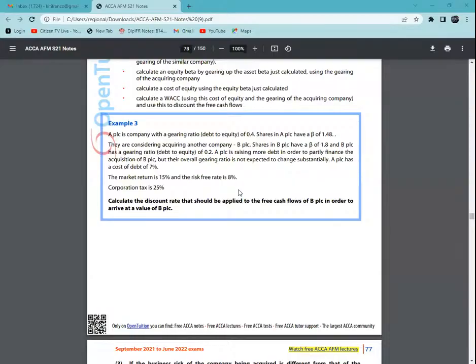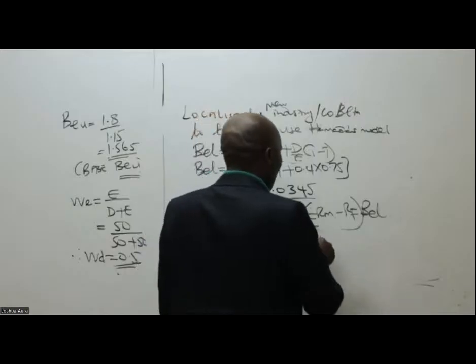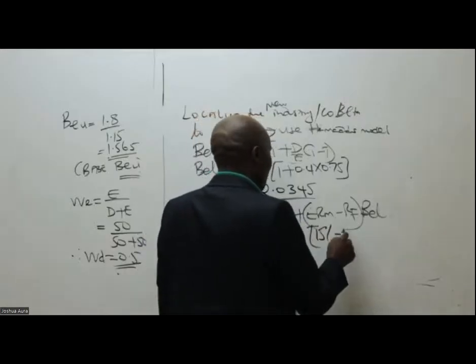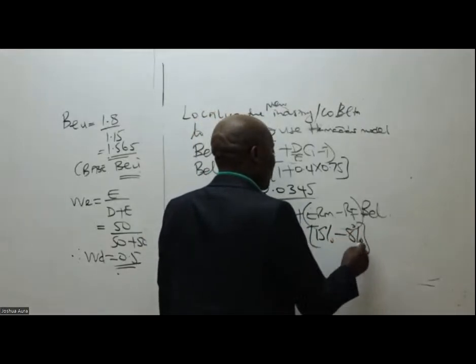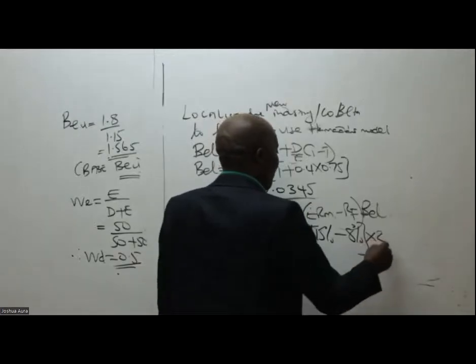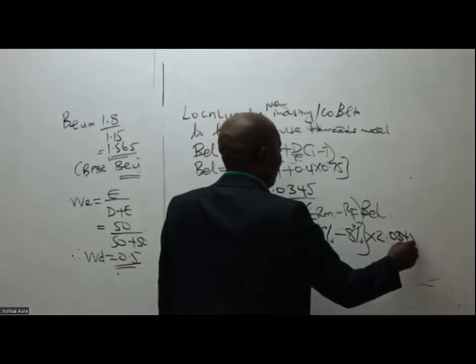I'm being told it's 8%. Thank you so much. Plus, are you able to see the expected return of the market? Yes, market return here is 15%. So market return 15% minus risk-free 8%, multiplied by the beta that we got up here, which is 2.0345.